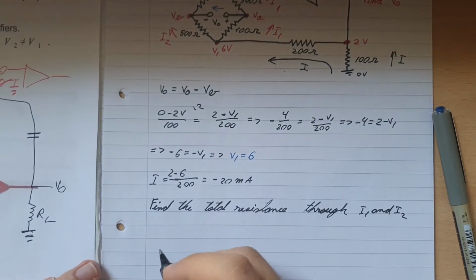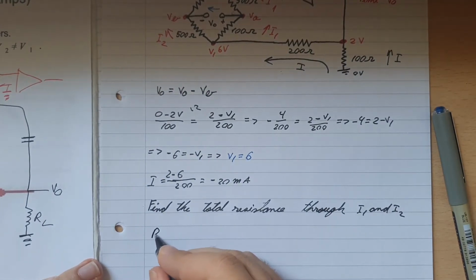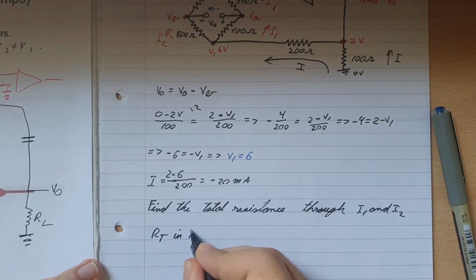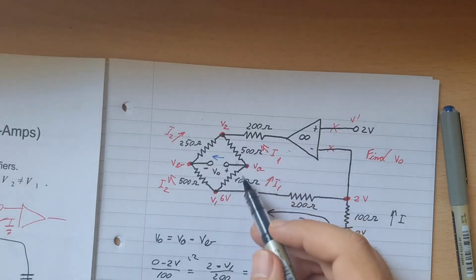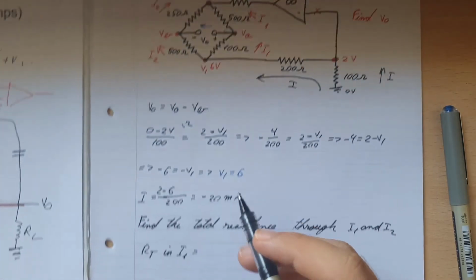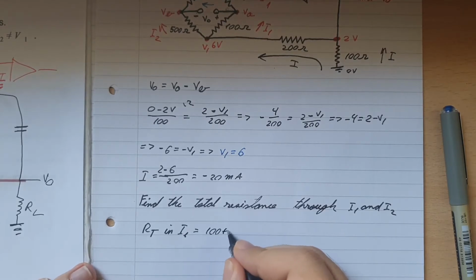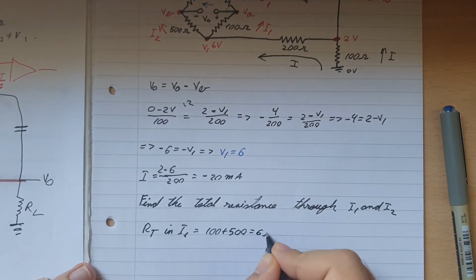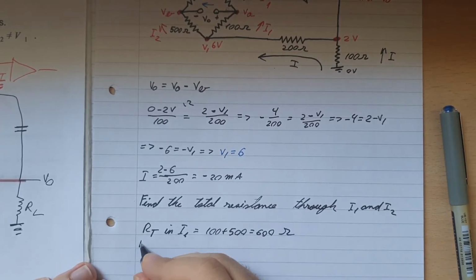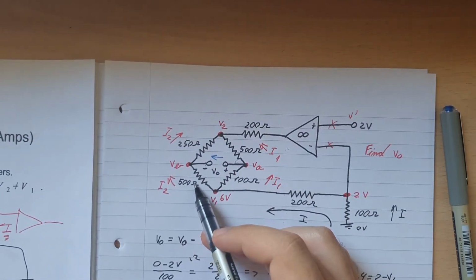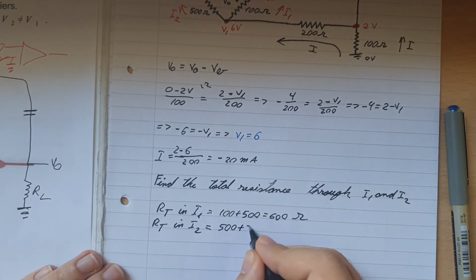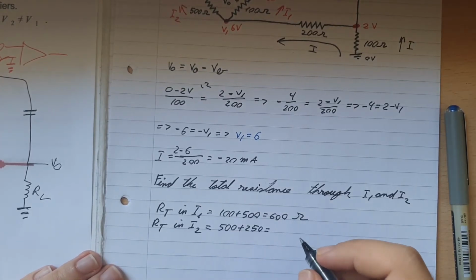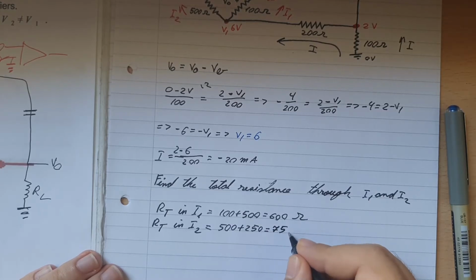Okay, so RT in I1 will be equal with, so I1 goes through these two resistors, so that will be 100 plus 500, that will be equal to 600 ohms. Okay, our total in I2 will be equal with 500 again, but this time it's added by 250. That will be 500 plus 250, and that will be equal with 750 ohms.